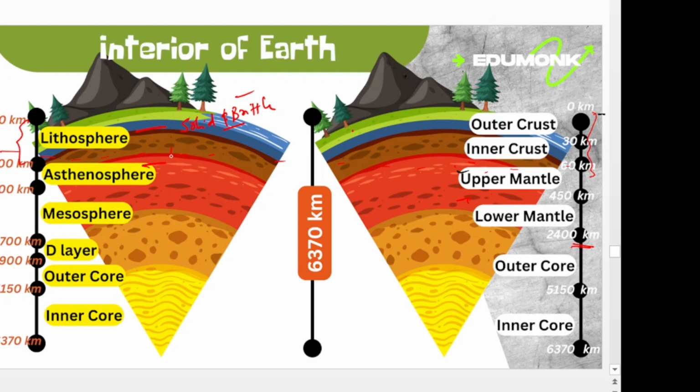It is a plastic layer. The solid and brittle landmass or continental parts are moving above the plastic asthenosphere. Then the mesosphere is solid and brittle again. Then the D layer is again a plastic layer.